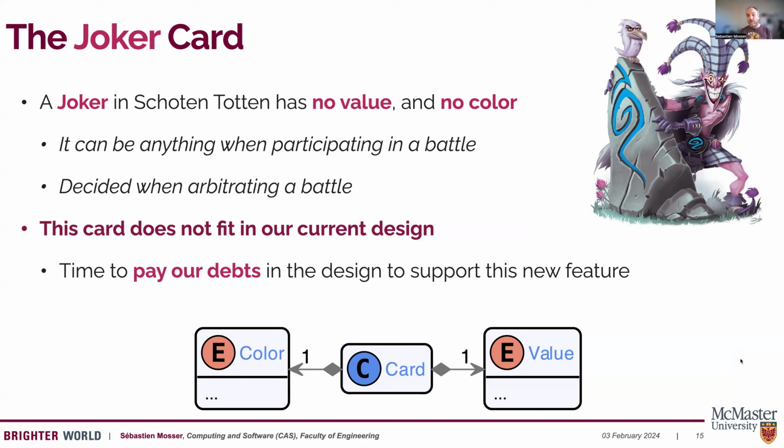And when the game is ended, you decide which value this joker should have to get the maximal benefit. So I'm having the card, it doesn't have any color, it doesn't have any value. I'm playing it, it still doesn't have any color, still doesn't have any value. And suddenly, when I'm resolving the battle to know if I won or not, I decide which value it is so that I can maybe win the battle and kick my opponent.